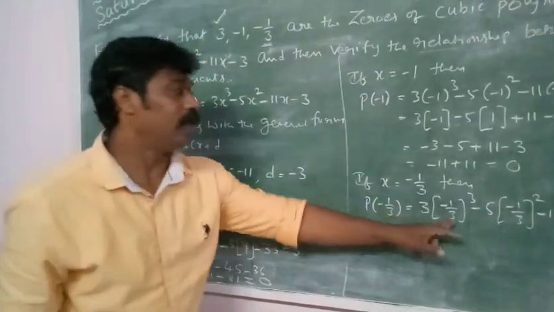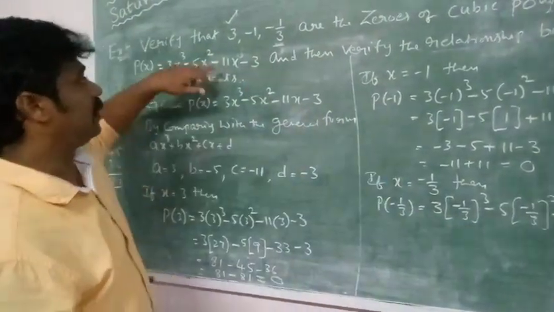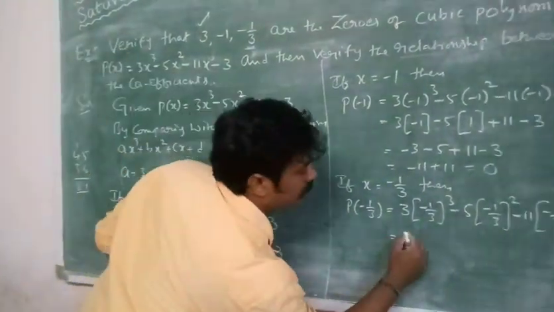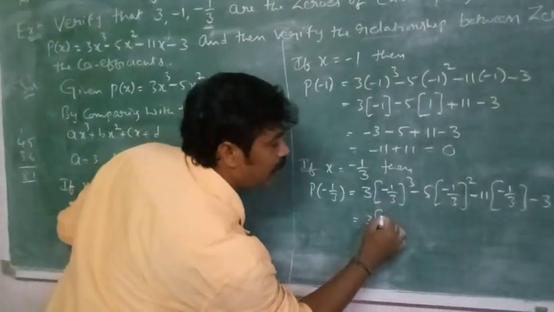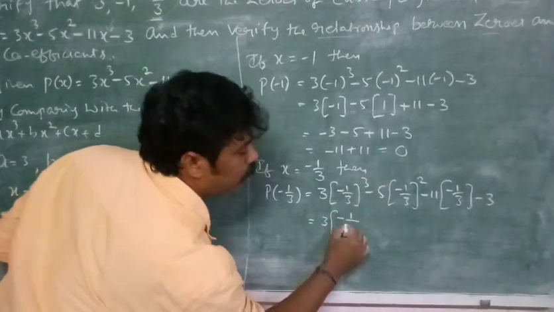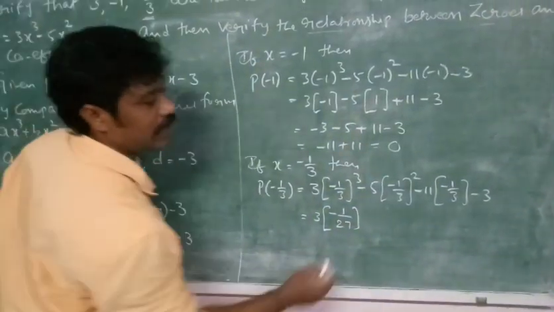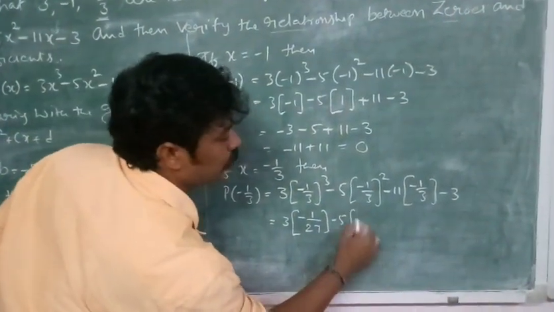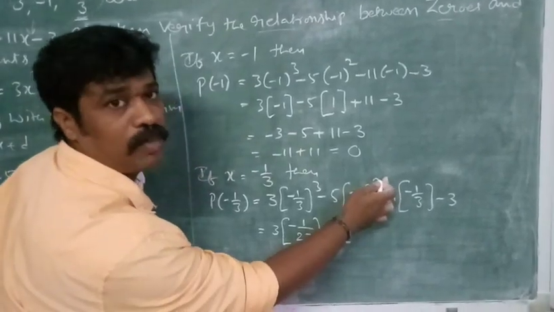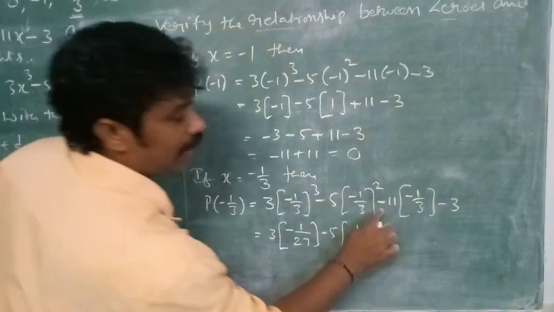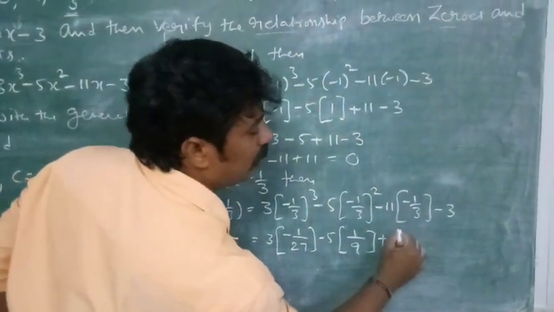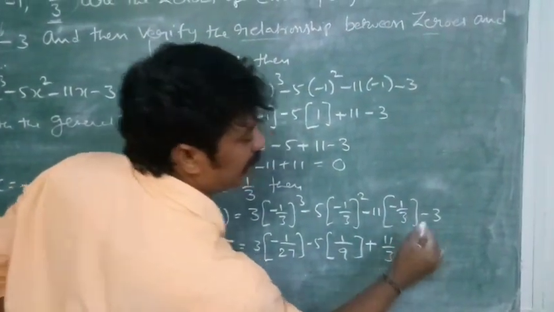Here the negative power is an odd number, so you get a negative value only. So minus 1 by 27. Then minus 5 into minus 1 by 3 whole square, an even power, so it becomes positive, so you get minus 5 by 9. Minus into minus is plus, so 11 by 3 minus 3.